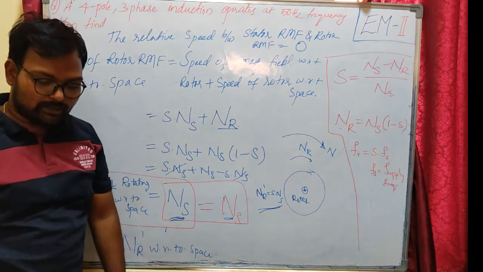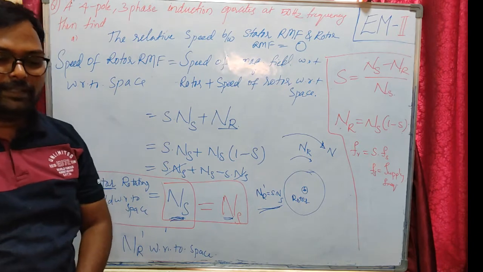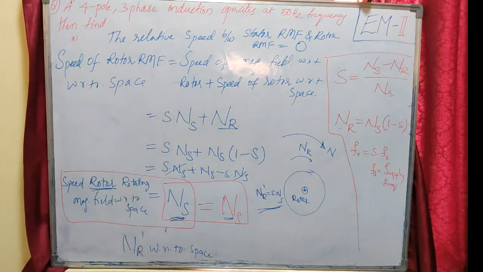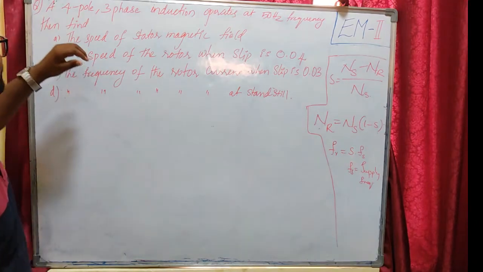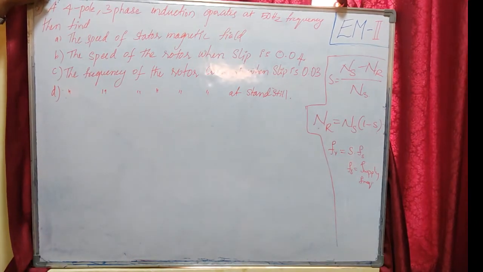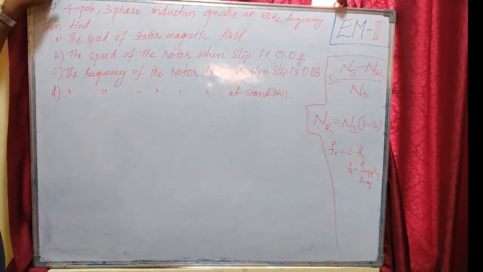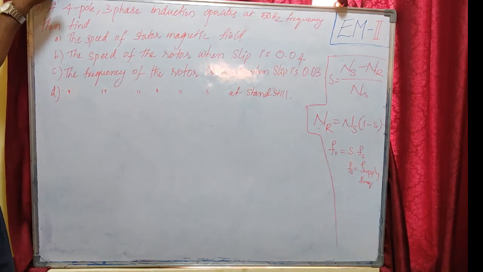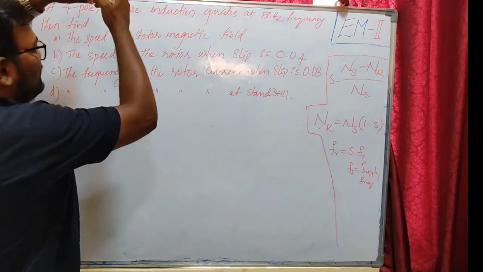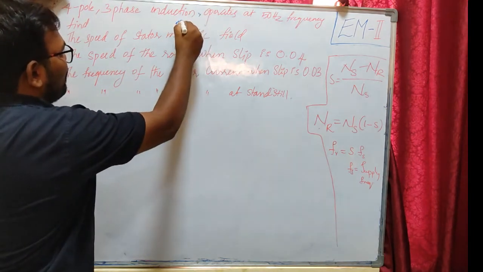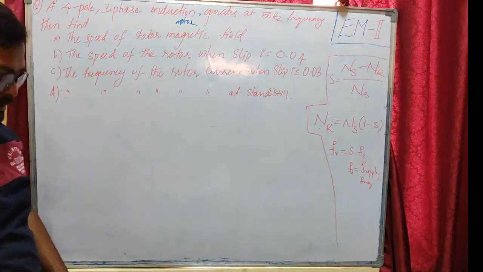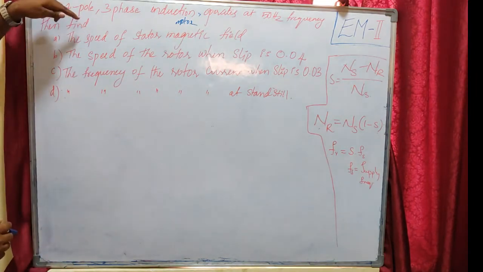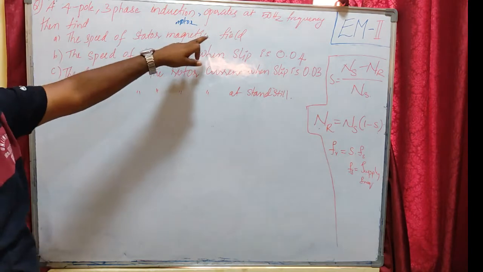Let us do one problem so that you can understand better. So, this is a problem. A 4-pole 3-phase induction motor operates at 50 Hz frequency. Then find the speed of stator magnetic field.